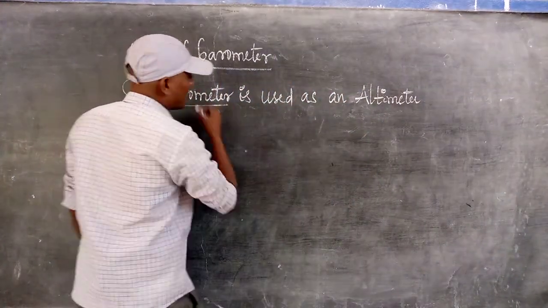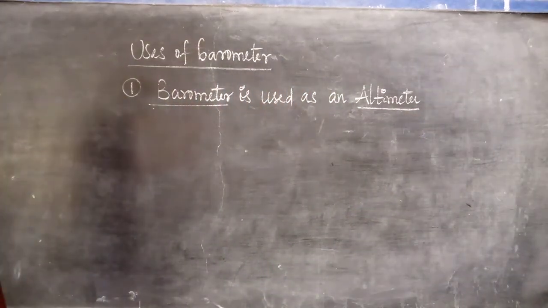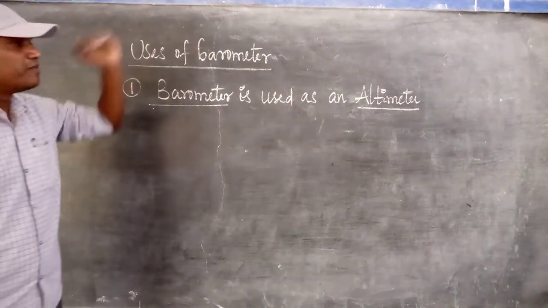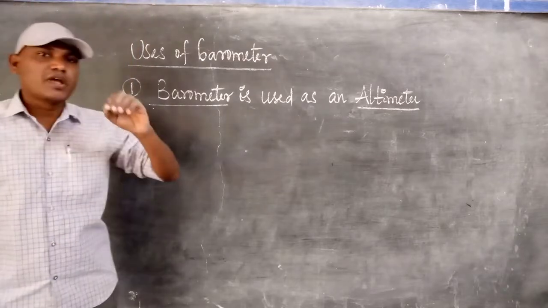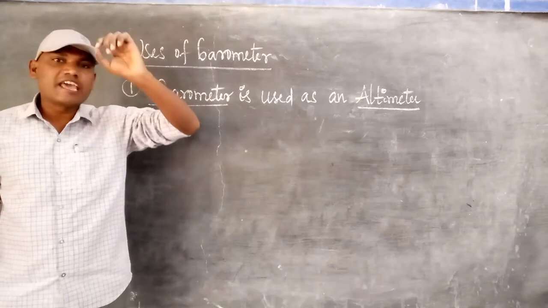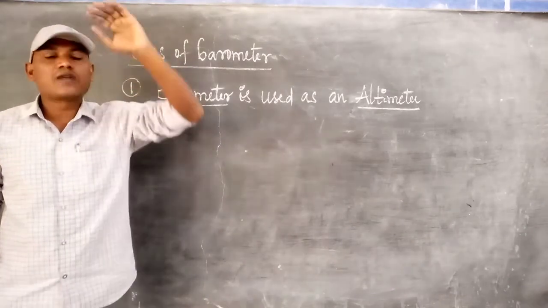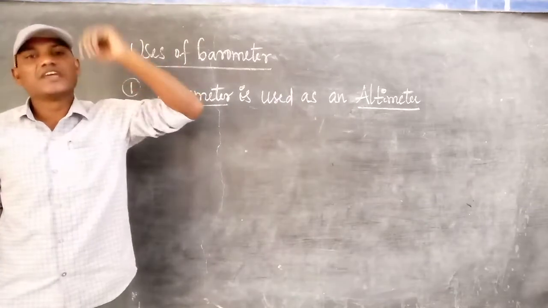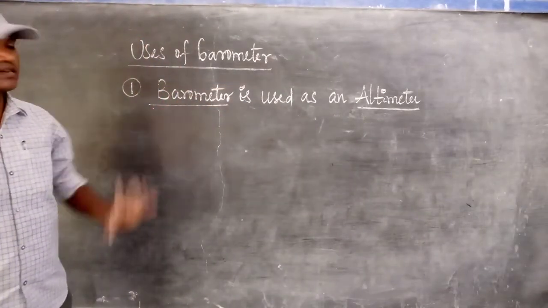Listen very carefully: a barometer is used as an altimeter. An altimeter is for measuring heights. For example, an aeroplane moving above the surface of the earth at some height, that is easily found with the help of the altimeter.